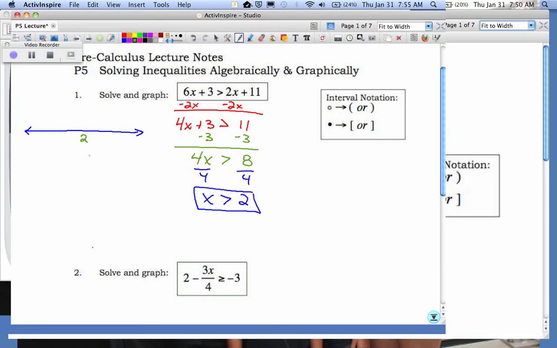Because it's greater than, it's what you call a strictly greater than. There's no equal to symbol under this. We're going to put an open dot. And then would you shade to the right or to the left of that dot? To the right. So a graphical representation on the number line is saying 2, but not including the 2, and anything out to infinity. So all the x's are greater than 2.